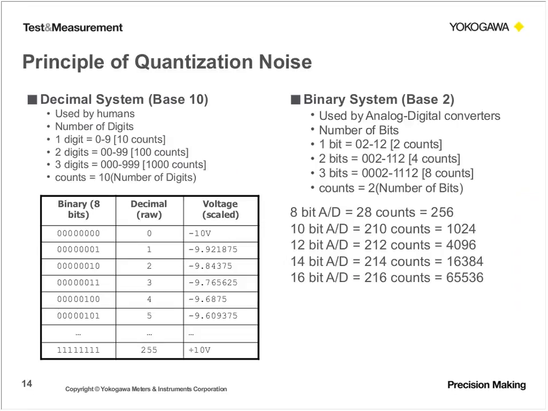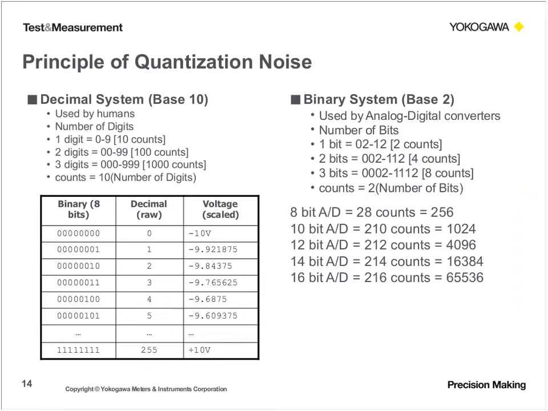So what causes quantization noise? Well, to understand that, we have to understand two things here. The very first one is when you're talking about the decimal system, we have what we call counts. And for one digit, we may say that one digit you can count from 0 to 9, and we would say that's a 10-count system.